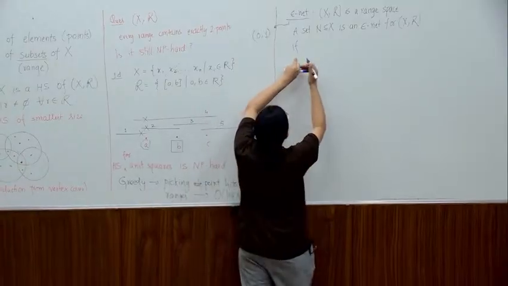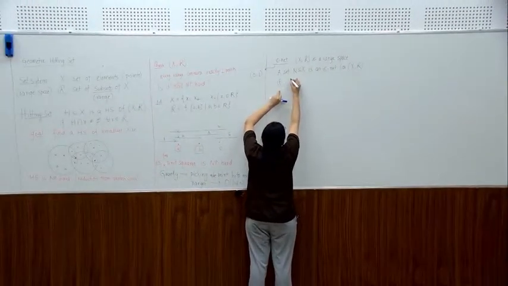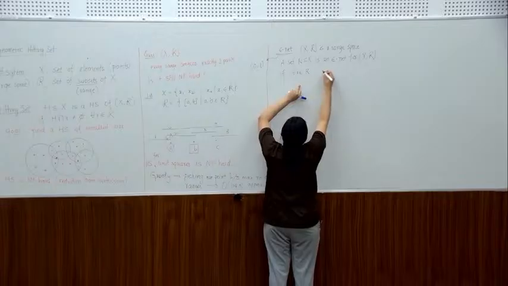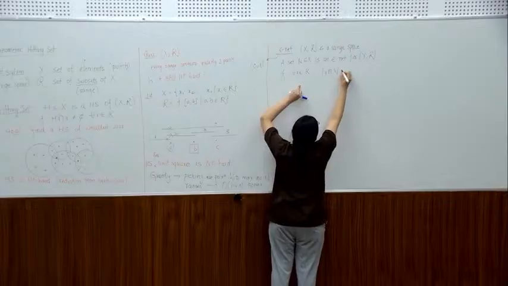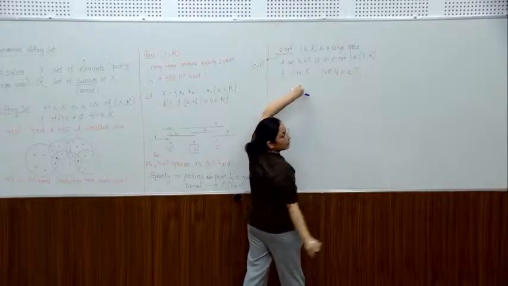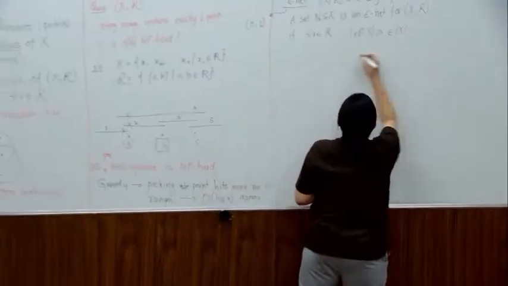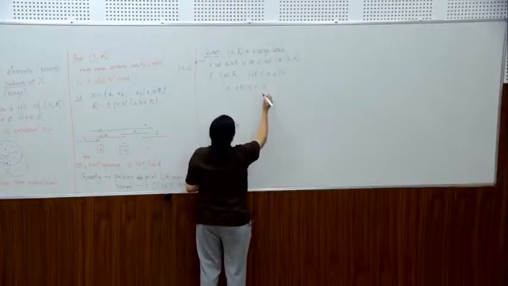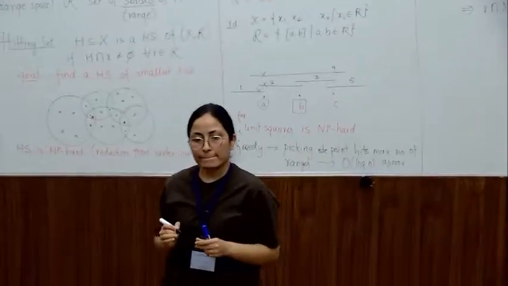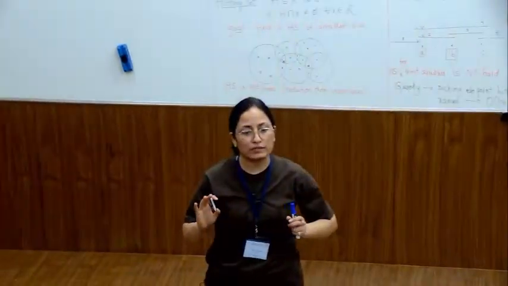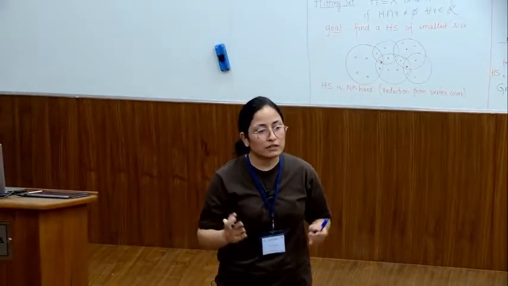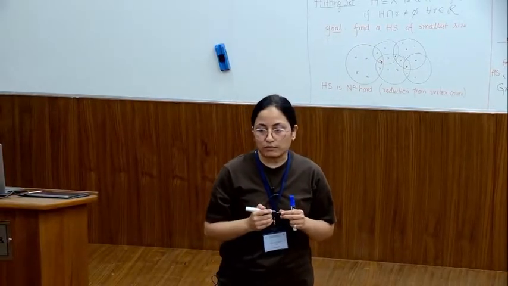So in general, for any epsilon, I define it like this: for every range R in the set of ranges, if the number of points in R intersection X is at least epsilon times the number of points in X, we want that this range is intersected by N. I'm assuming that X has a finite size. If it is not, then you fix a finite subset and then define, but the definition just becomes cumbersome.